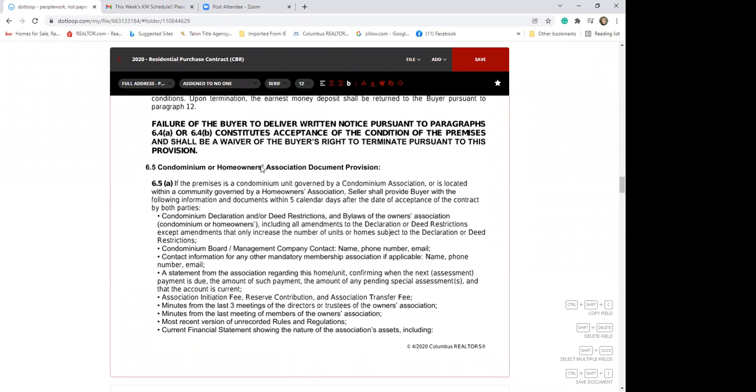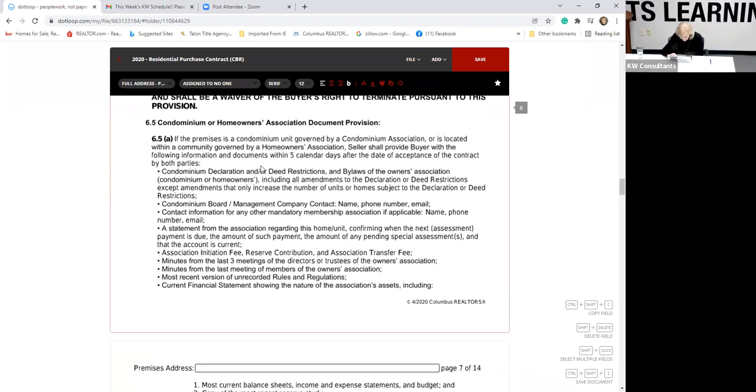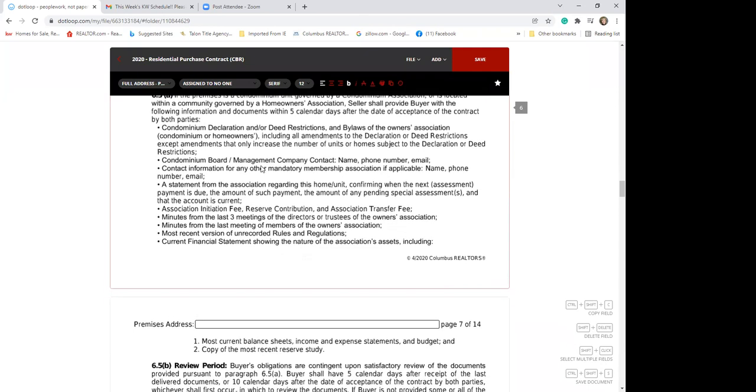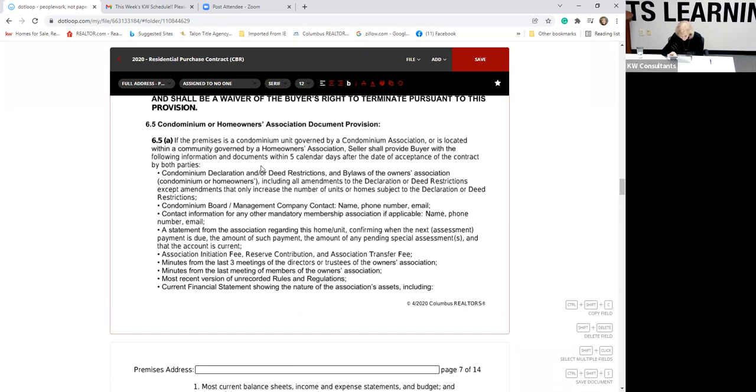Okay, well, it always helps if you read it, but I hadn't gone through this one in a while. I know, I haven't either. Well, it says any community that is governed by a homeowners association. Yeah, 6.5A. Okay, yeah, it does.